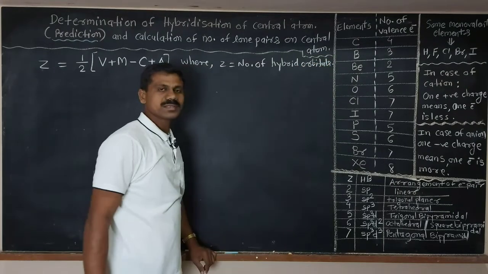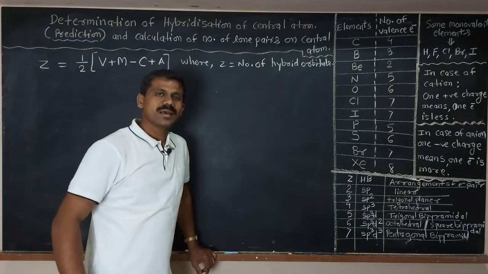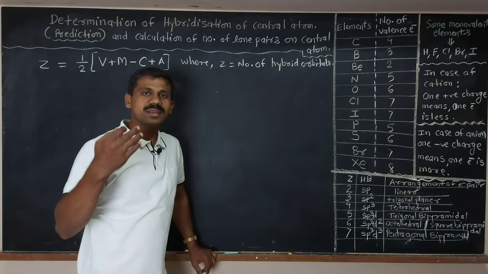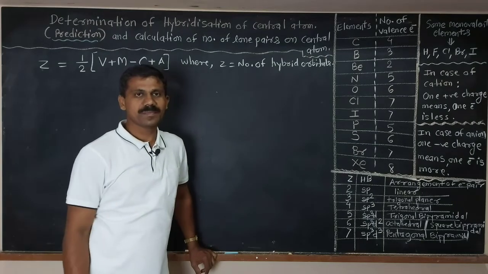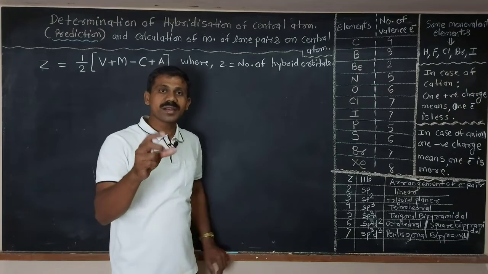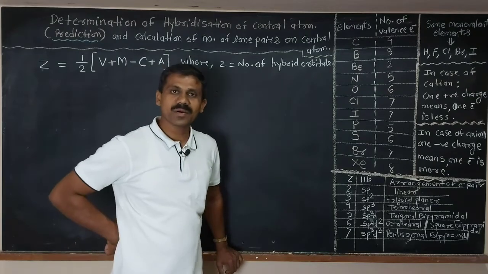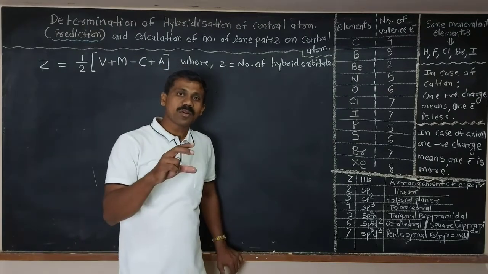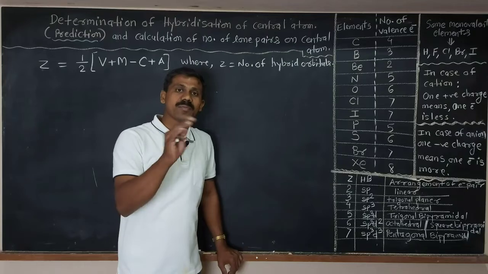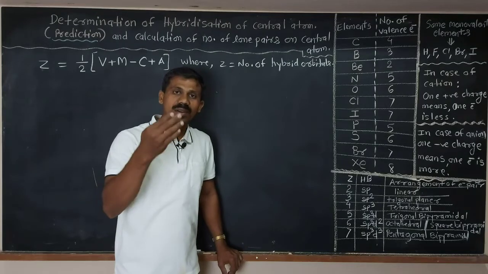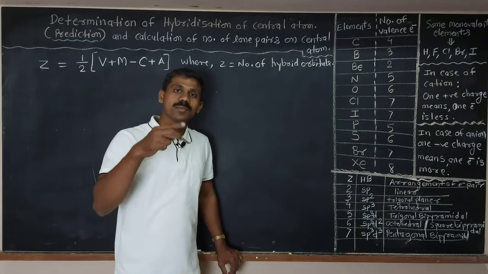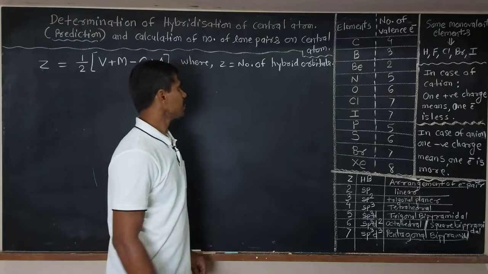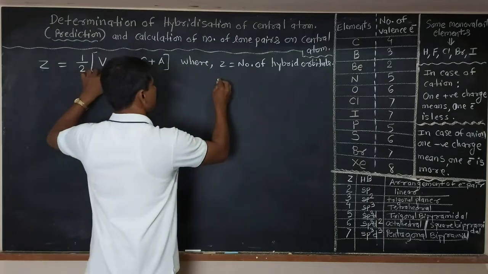About hybrid orbitals, you must have learned in the structure of atom. The orbital related to a single atom is called an atomic orbital. Atomic orbitals combine to form hybrid orbitals during formation of a molecule, ion, or polyatomic ion, etc. Then what is the meaning of V?